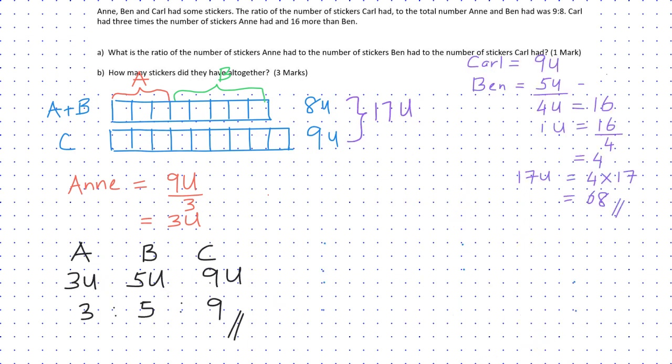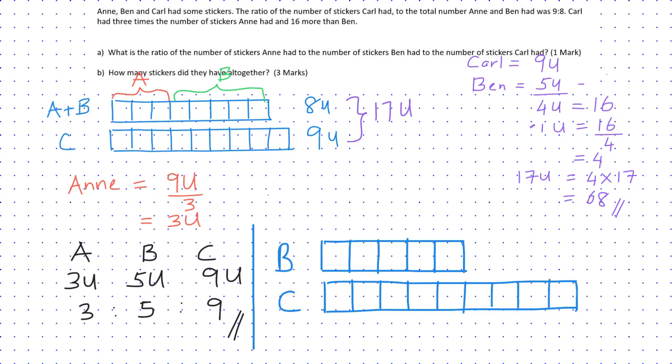So those of you students who like to use the model approach, let me show you how this is done. So we need to compare the number of stickers Ben has and the number of stickers Carl has. Ben has 5 units of stickers, whereas Carl has 9 units of stickers.